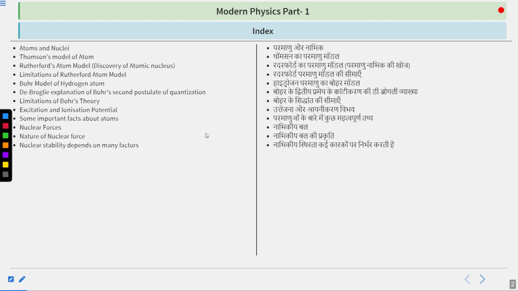Nuclear stability depends on many factors. We will see these factors. Radioactivity. So these all points are going to be the discussing points for this particular lecture.